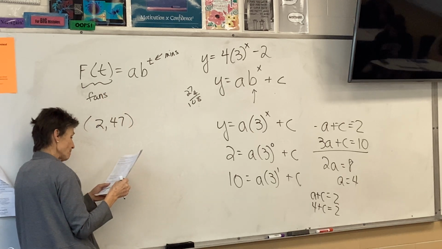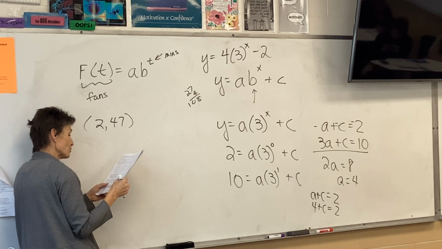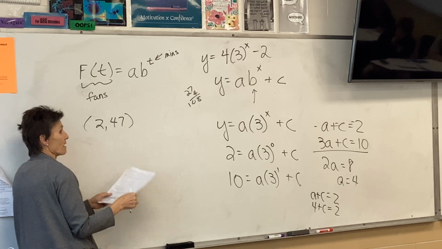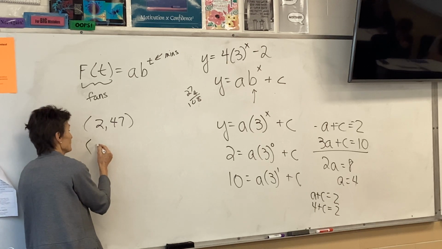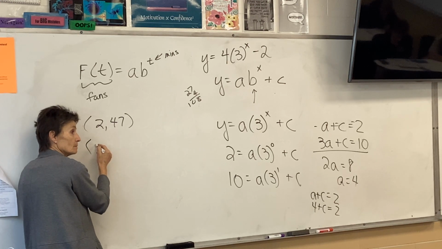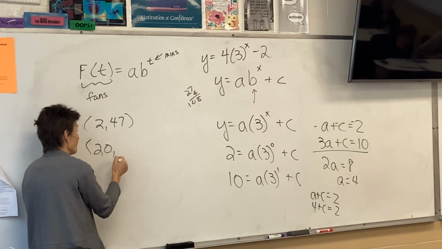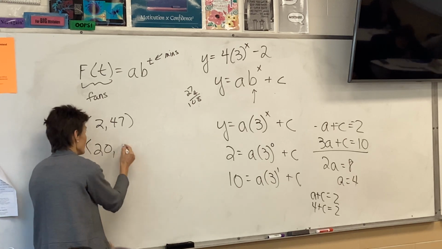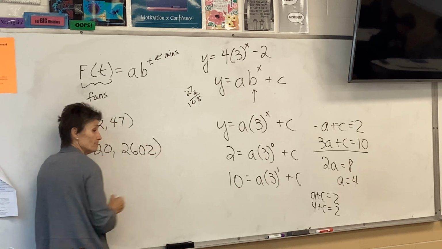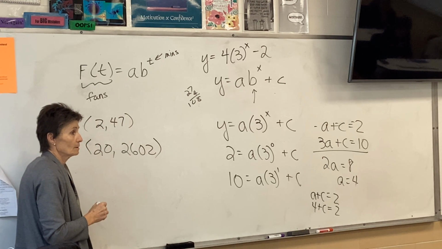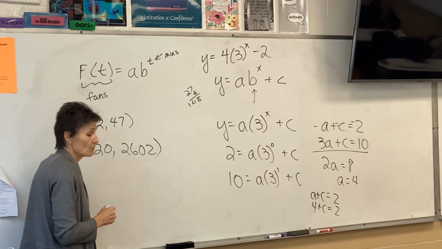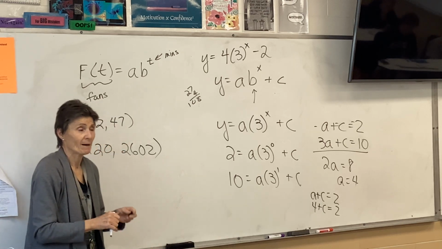And then there are 2,602 20 minutes after the doors open. That's another ordered pair. 20, comma, 2,602. Now, you could do this problem by hand.